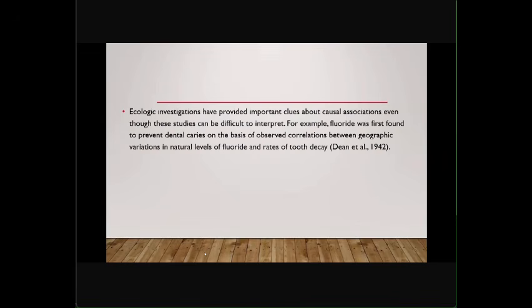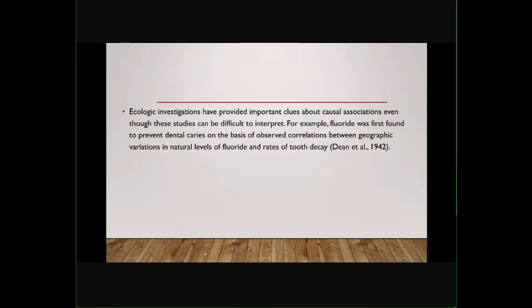However, ecological studies can provide important clues or causal relationships. Yes, they have done so in the past. Take, for instance, today, all the toothpaste we use have fluoride in them. It was found to prevent dental caries, tooth decay, right?